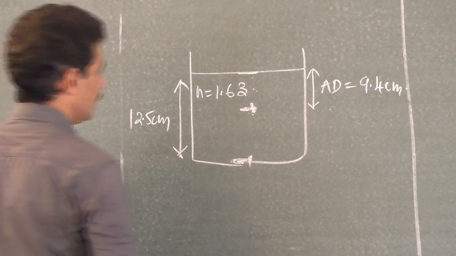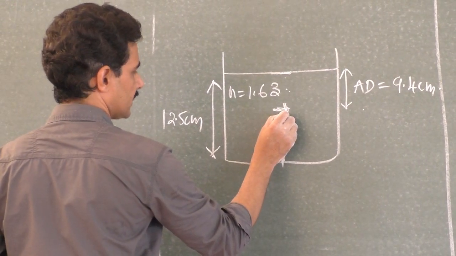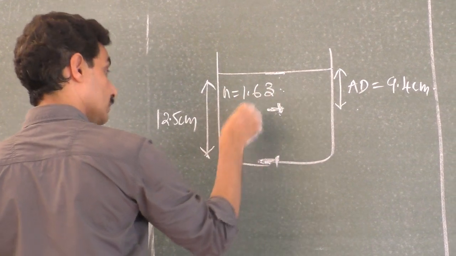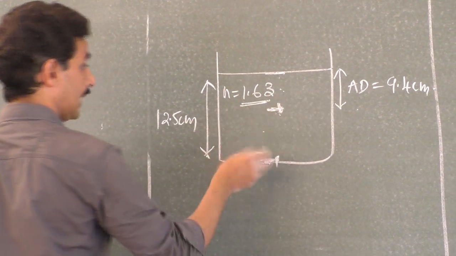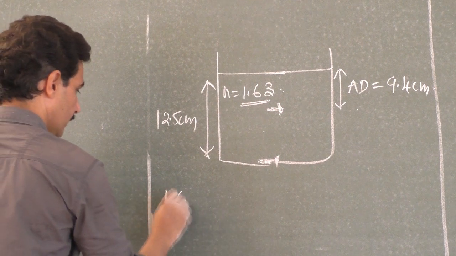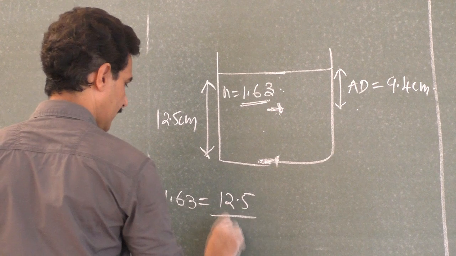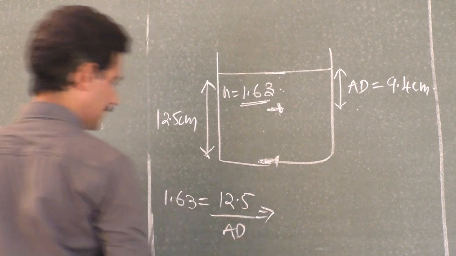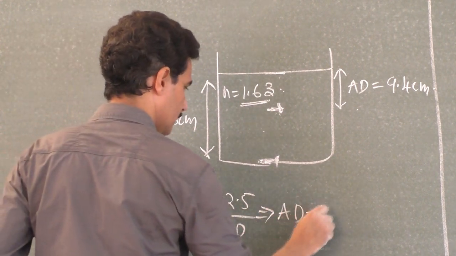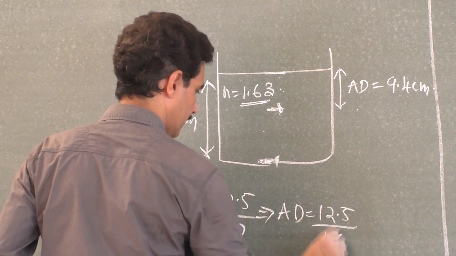Now it is at a depth of 9.4 centimeters when it is water. When this is filled with the new liquid, we will calculate the apparent depth. Now, refractive index is equal to real depth by apparent depth, so apparent depth is equal to 12.5 divided by 1.63.